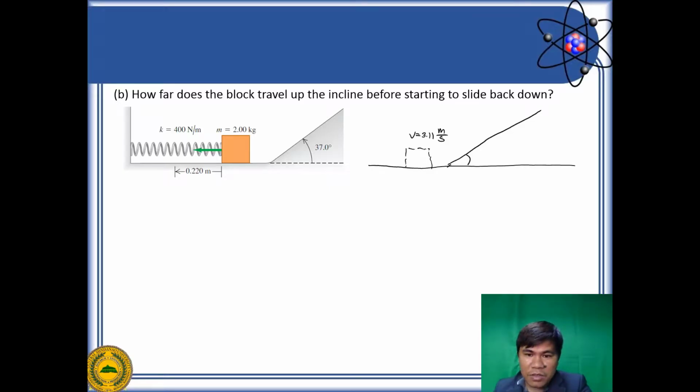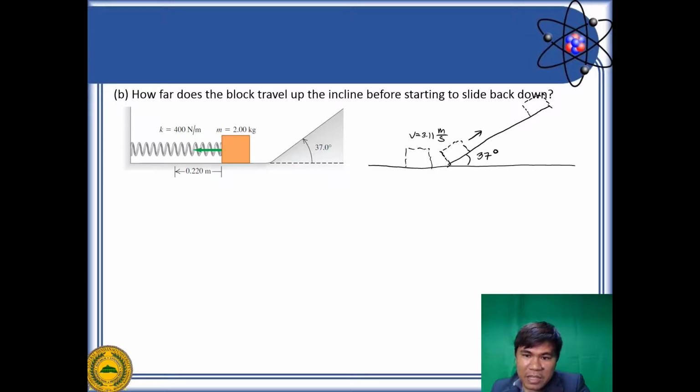We take note also that the inclined angle is equal to 37 degrees. When the block climbs up this inclined plane, the speed is constant at first, but gravity is acting on it. That's why as it climbs up, the speed decreases until the speed becomes 0.